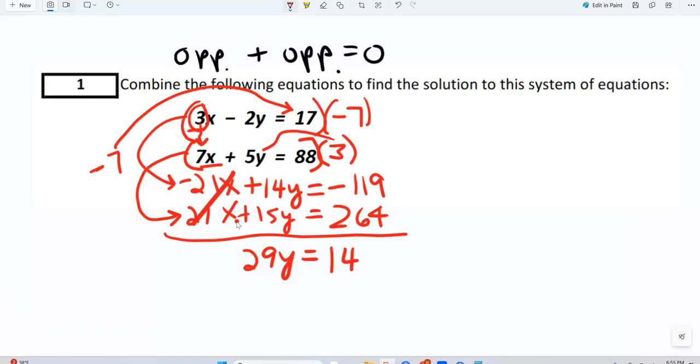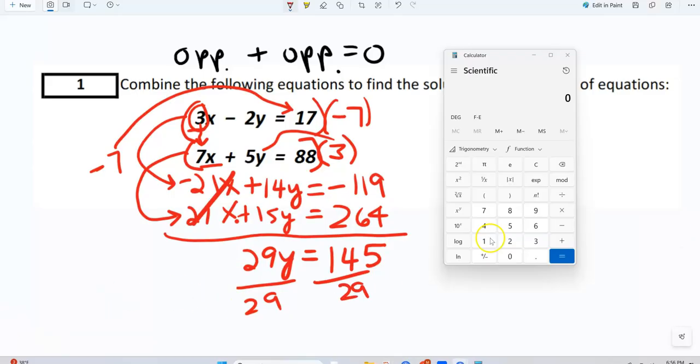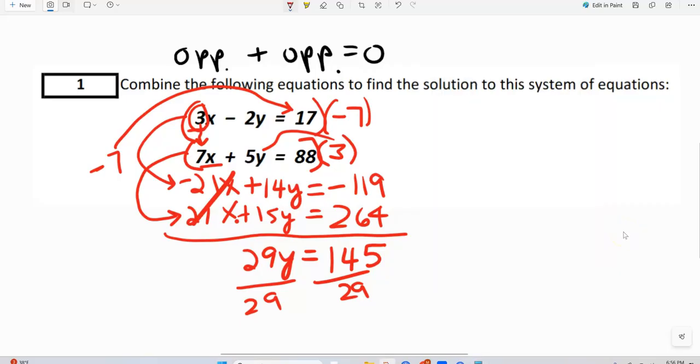Then 14 plus 15, both positive, is 29y, and over here we get 145. When you divide both sides by 29, we have one equation with one unknown, so now we can solve it. Our goal is accomplished. 145 divided by 29 equals 5. So now we have y equals 5.